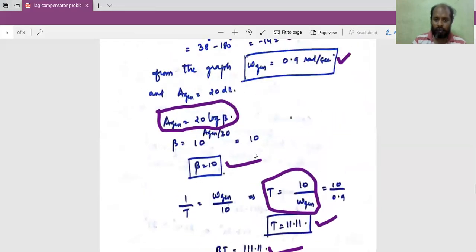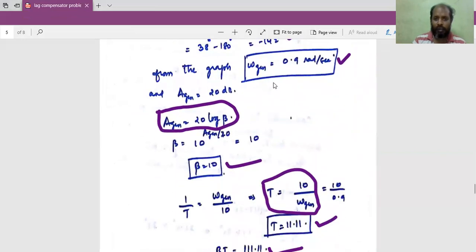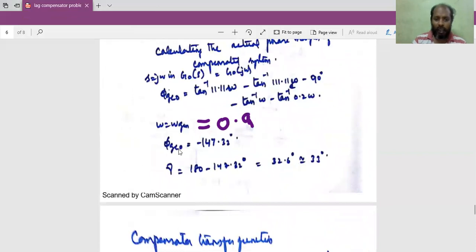Here omega GCN is found from the graph. Yes, here 0.9 radians per second. You replace that here. I'm getting phi GC is equal to minus 147.33. It is almost near the required phase margin.